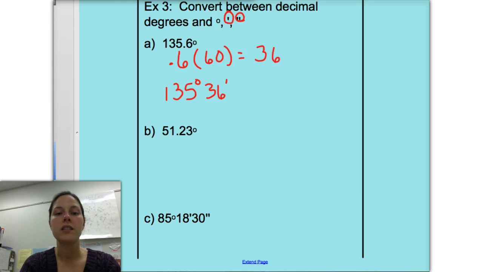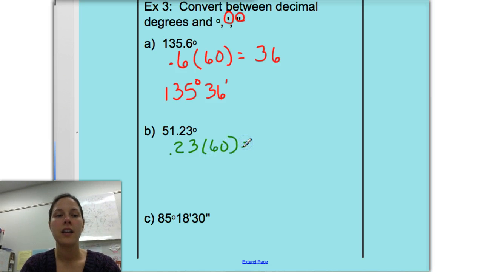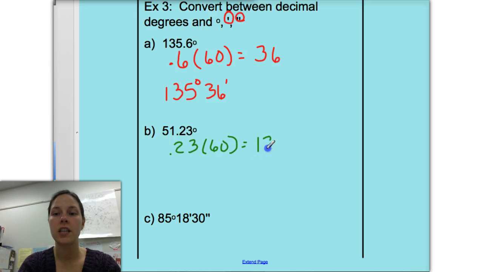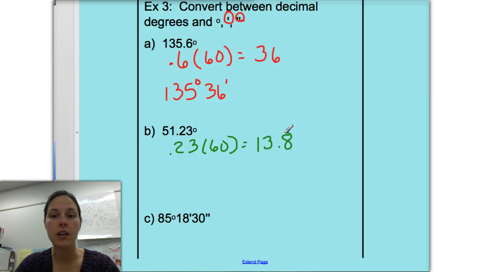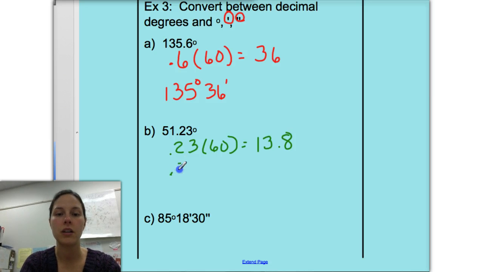Our next one, again, we start by taking 0.23 and multiplying by 60 to convert to minutes. And in this case, we got 13.8 minutes. Well, there's still a decimal part, so we take that next decimal part and see how many seconds that would be.